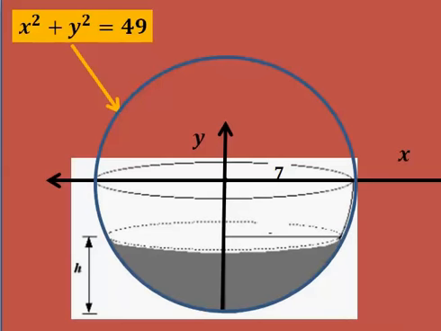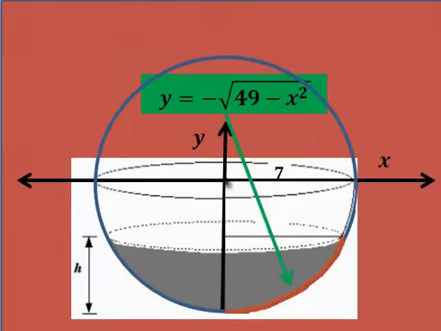I want this equation simple because I have to solve for y, and that's going to be ugly enough as it is. So I solve for y and I get plus or minus, but I use the negative possibility because the piece of curve that I'm interested in is below the x-axis.